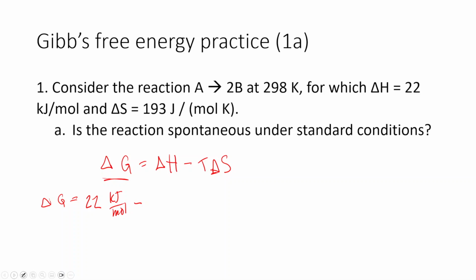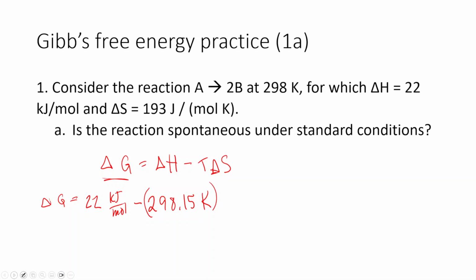So 298 degrees Kelvin. Or if you want to be very exact, you could do 298.15. Either way is fine. And then what do we fill in for our delta S? Yeah, excellent. It should be 193 times 1 times 10 to the minus 3.